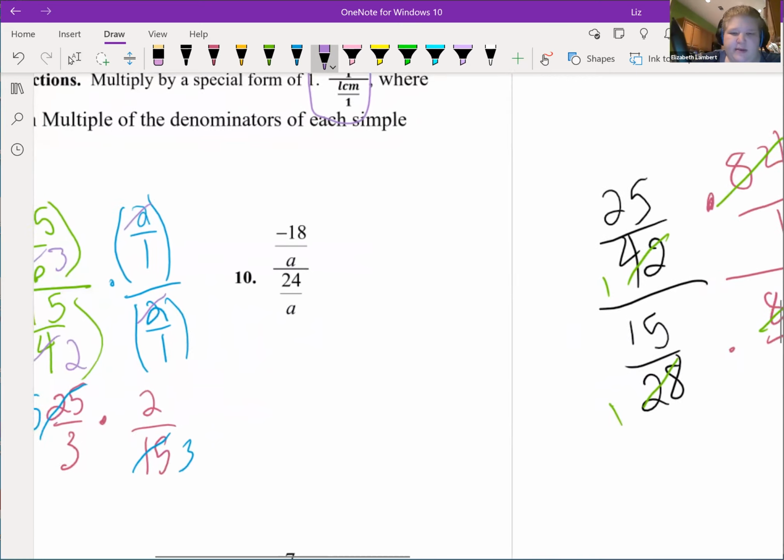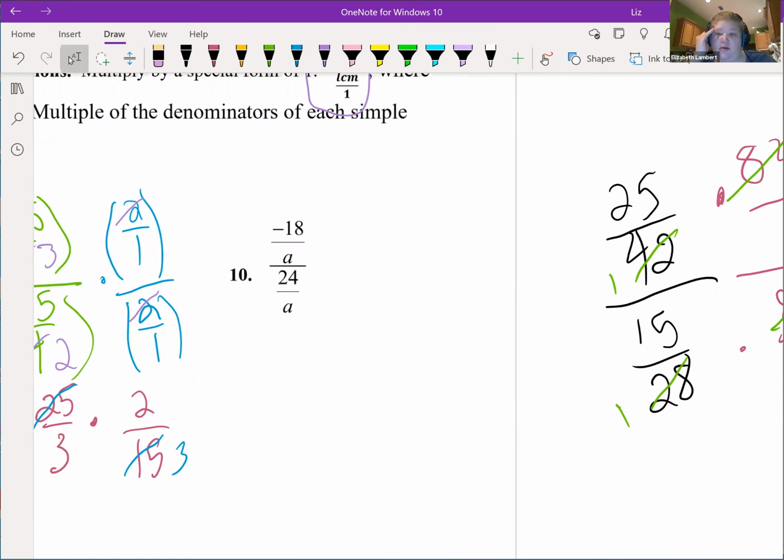All right, number 10 is a little fraction over another little fraction that happen to have a's in them. So we are going to multiply the top and the bottom by the least common multiple, or the common denominator, which in this case is a, because that's what they both have. So we're multiplying by a over a.